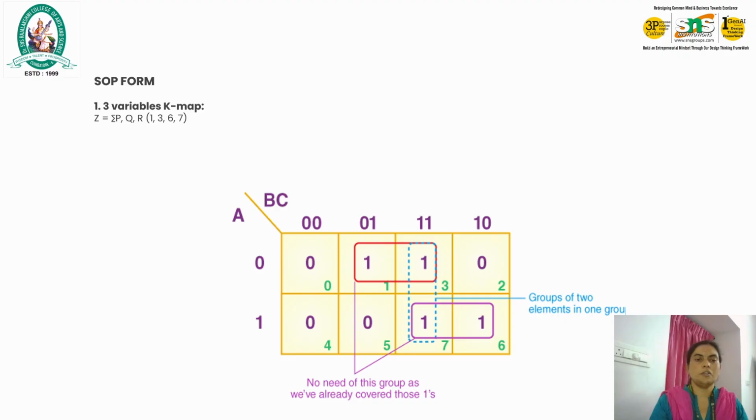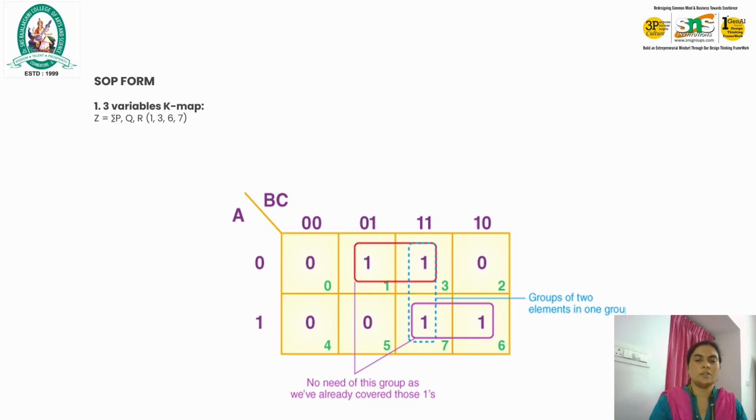Now the sum of products form of a 3 variable K-map: Z equals summation. Here the SOP form is mentioned with the summation symbol sigma. P, Q, R are the 3 variables, given the minterms 1, 3, 6, 7. These have to be represented in the truth table, where we have taken A, B, C as 3 variables with 0, 0, 0, 1, 1, 0, 1, 1.